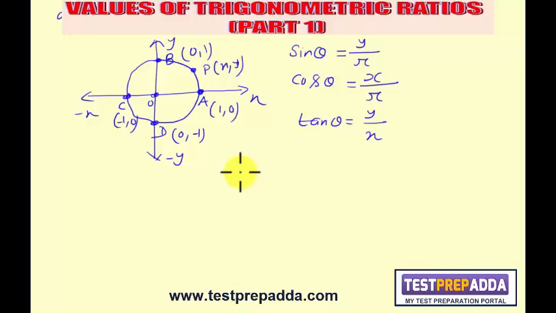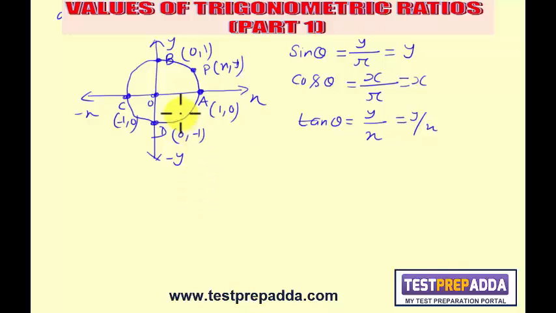Now, since we have taken a circle of radius 1 unit, sine theta will be equal to just the y coordinate, cos theta just equal to the x coordinate, tan theta will remain y by x. Okay.